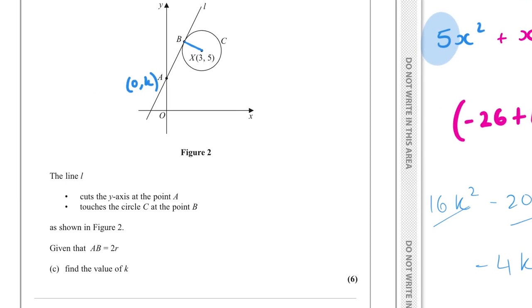Okay. So, we know it's a right angle. We know that this is the radius. This is (3, 5). We're not sure what B is yet, are we? And we know that this is (0, k). And this is also 2r, right? Okay. So using Pythagoras, what do we know?